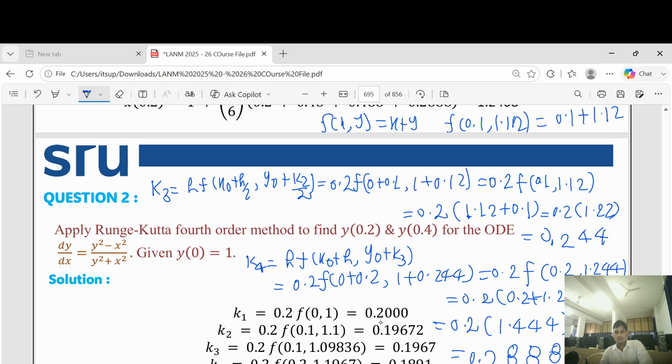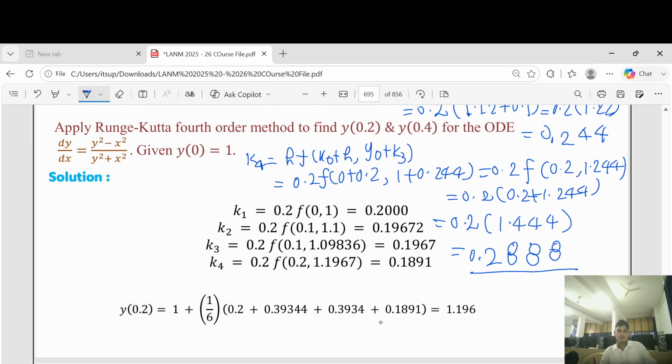Now we put all the values in the formula. The formula is y1 is equal to y naught plus 1 by 6 times k1 plus 2 k2 plus 2 k3 plus k4. What is the value of k1?